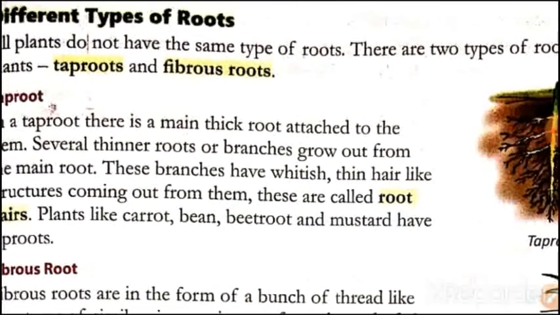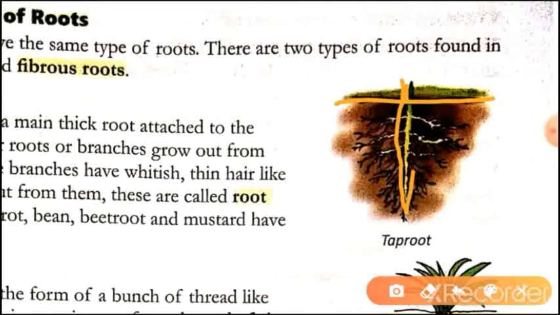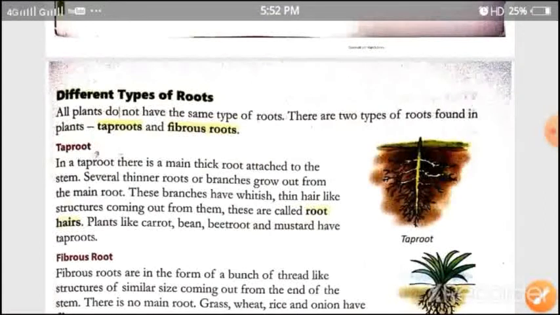As you can see in the picture also, just below the stem here, a main thick root is grown. This main thick root is known as tap root, and from this main thick root, small other hair-like structures grow.